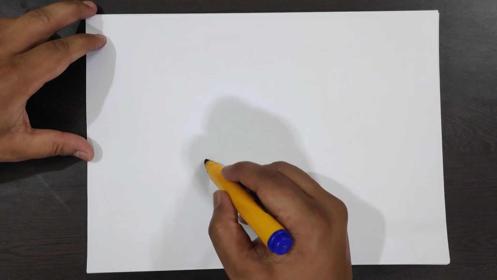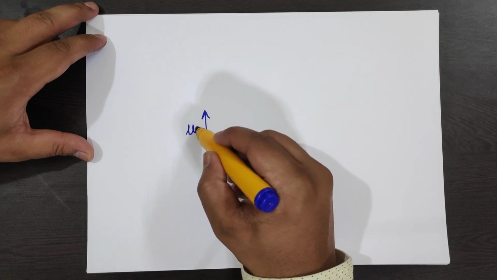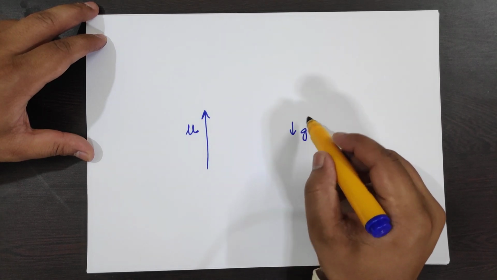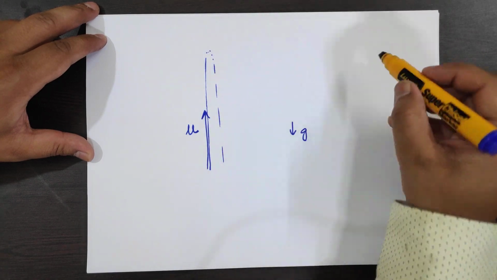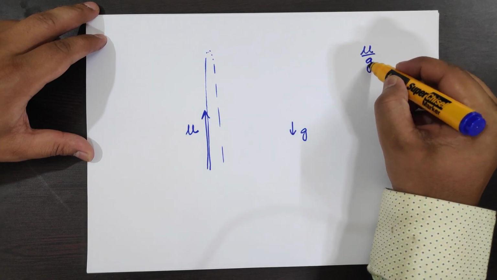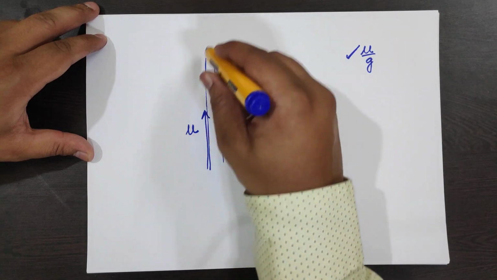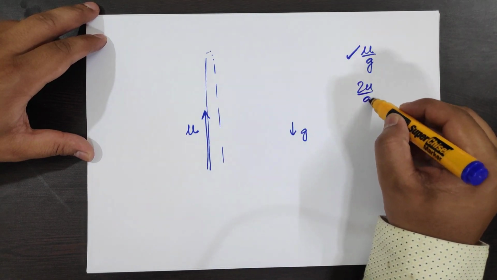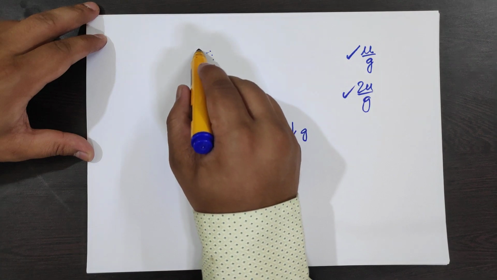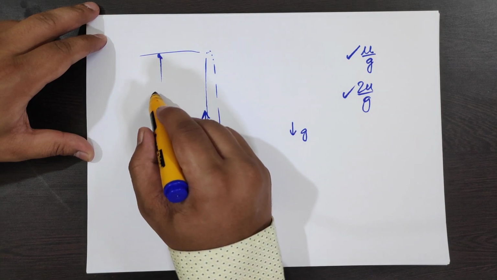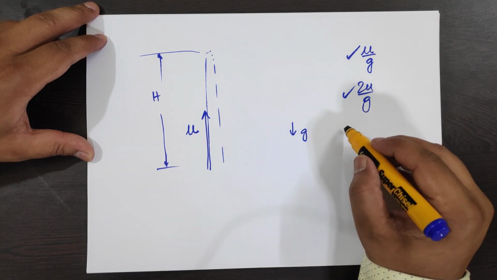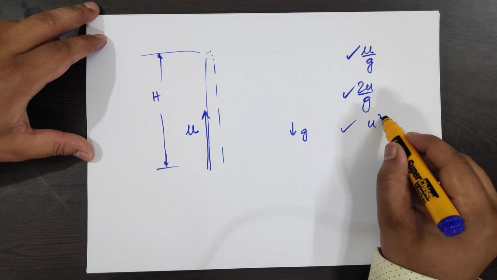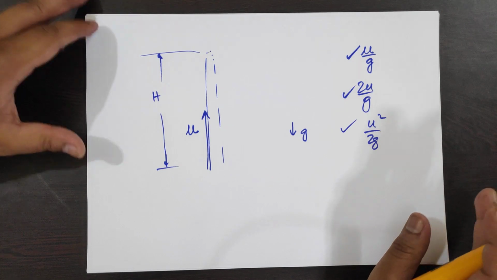Suppose a particle is thrown from ground with a speed u, with g acting downwards. What is the time to reach the highest point? u by g. What is the total time of flight? 2u by g. What is the maximum height? Maximum height is u square by 2g.